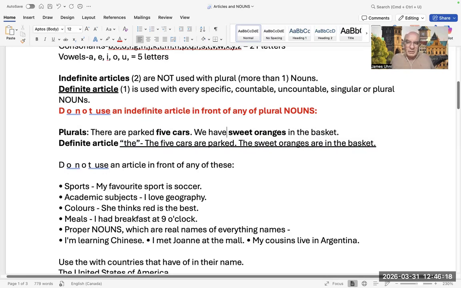We have sweet oranges, S at the end of the noun. That means it's plural, and there is no article, not here, nowhere. And here is again, do not use an article in front of any of these.